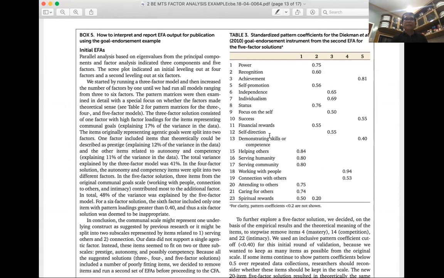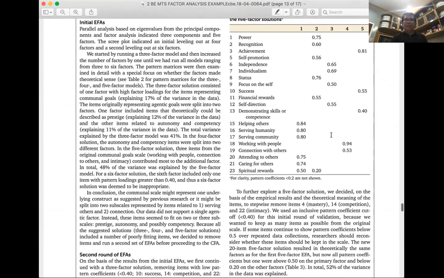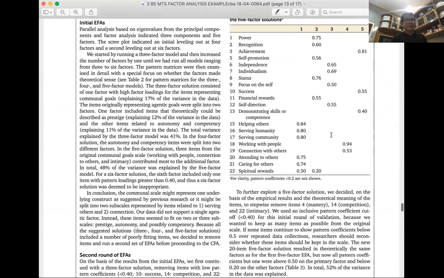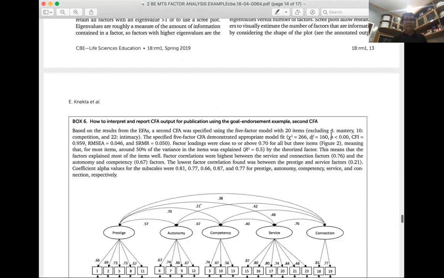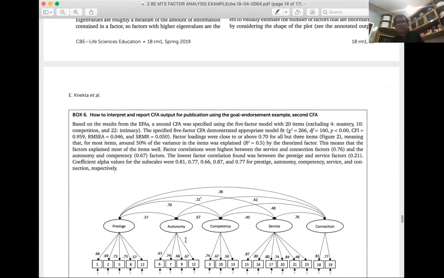Number 12, self-direction, 0.55. And if you look at these different items, they can be classified as autonomy. And of course, it's being researched by the author and validated also by experts and even through the use of review of related literature.